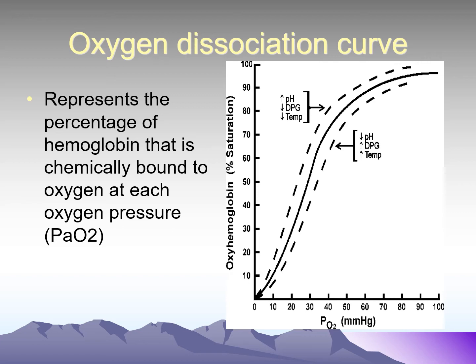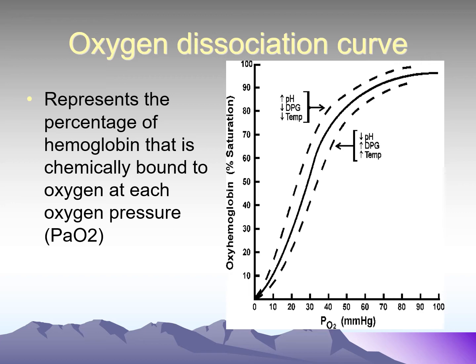Then as the PaO2 increases, the binding levels out, so less oxygen can jump onto the hemoglobin. That's the cooperativity of oxygen binding to hemoglobin. When we talk about P50, that is where the hemoglobin is 50% saturated with oxygen.